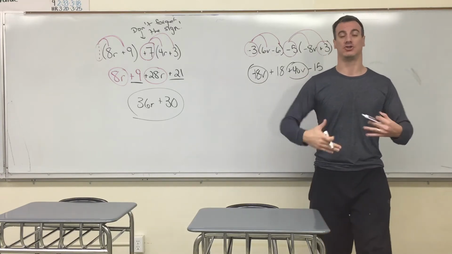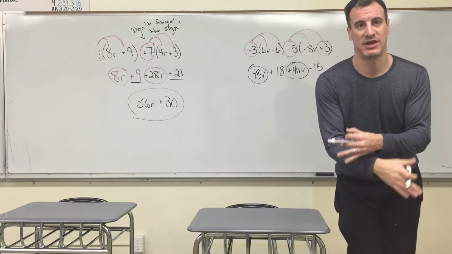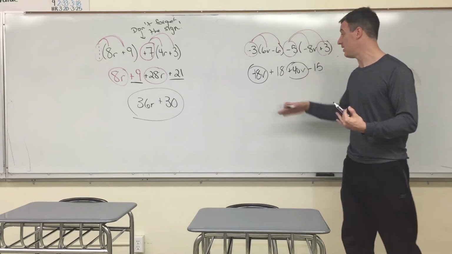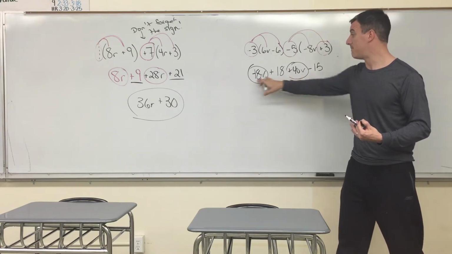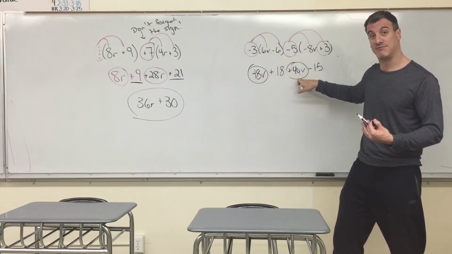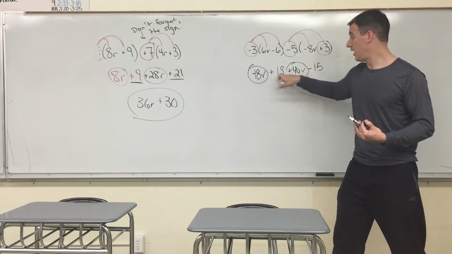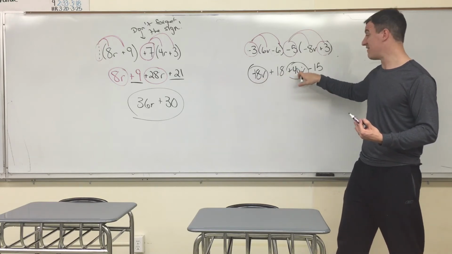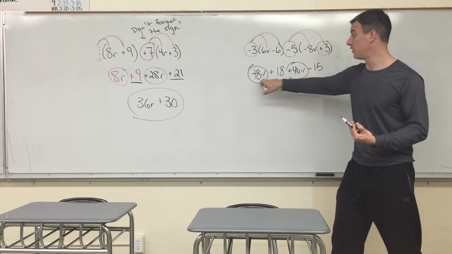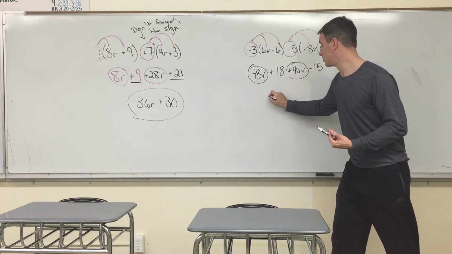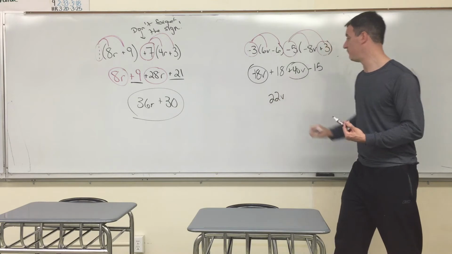This is where those integer rules come into play so much, is that we can't forget how to add integers. I'm combining a negative 18 with a positive 40. Because they're opposite signs, I have more positives, so I know my answer is positive. And then I just do 40 minus 18, which is going to be 22v.